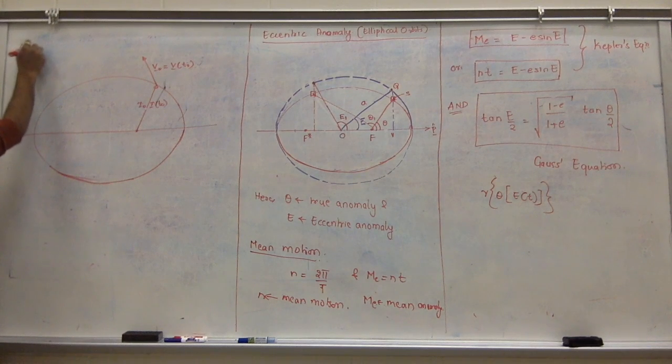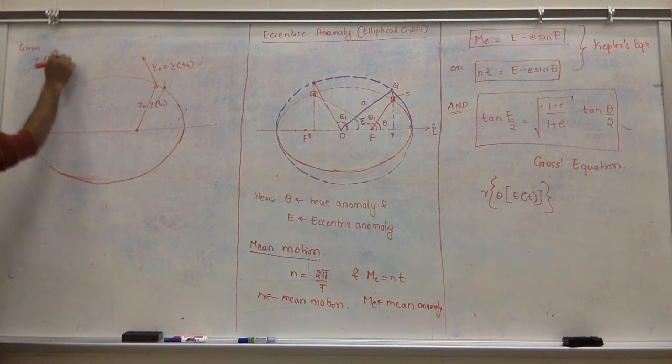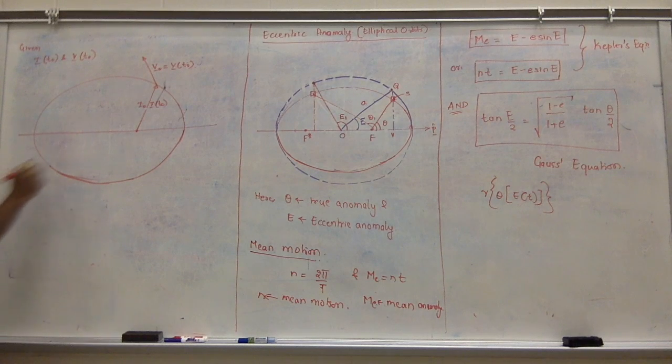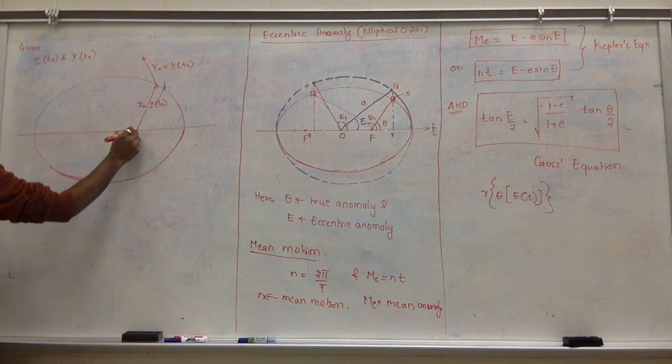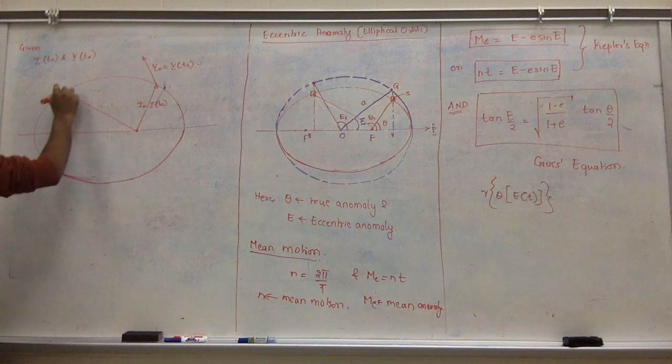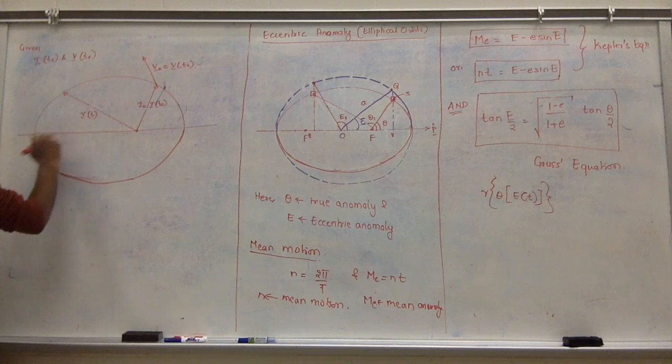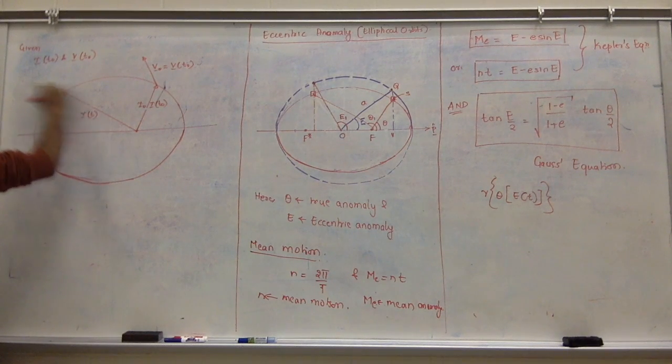Given r at t naught and v at t naught, let's say you have another position r at some time t, and this is the velocity at some time t.